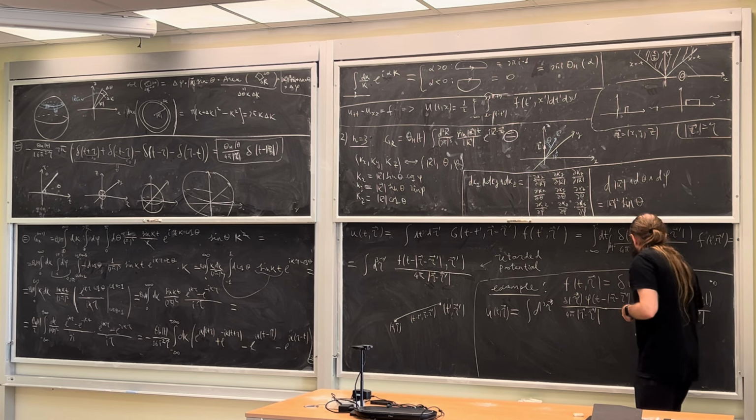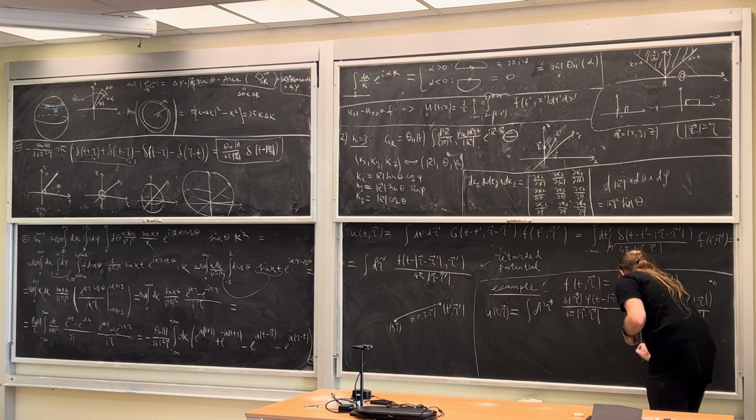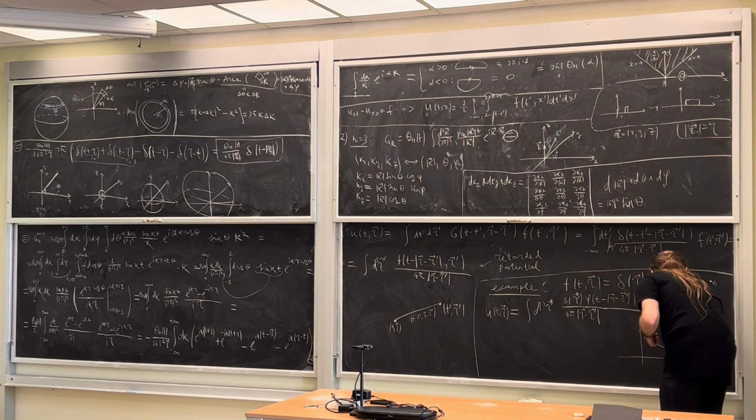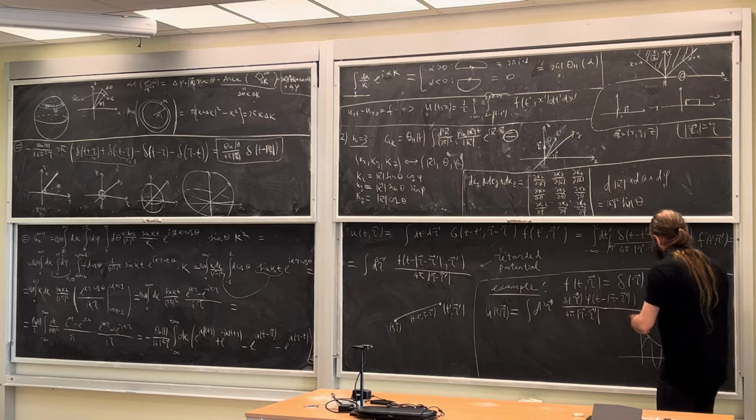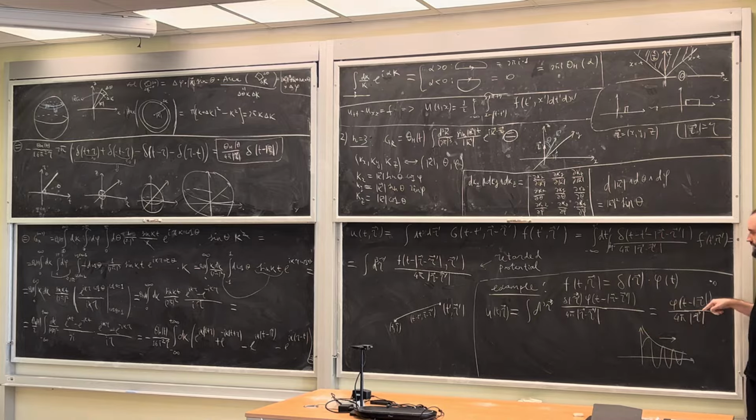So we have a picture like this, and there are some waves that propagate to the right with decaying amplitude.